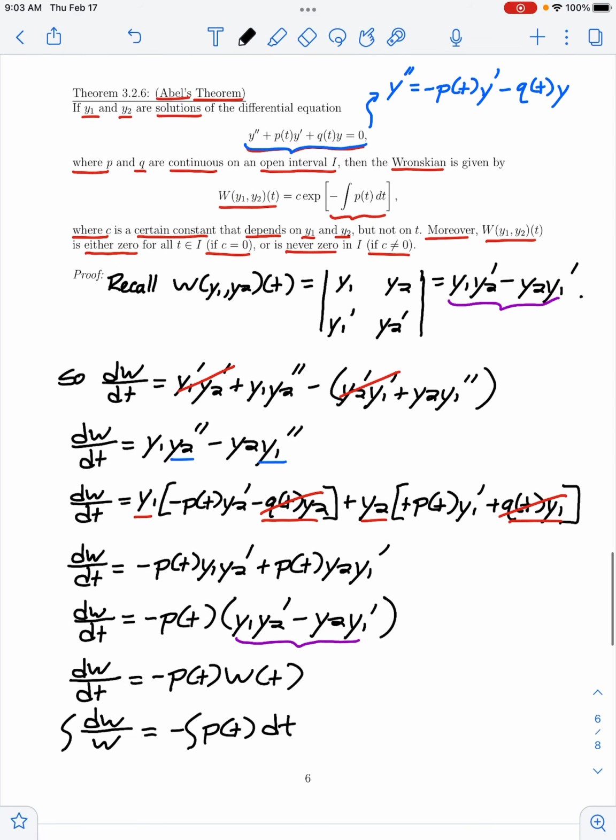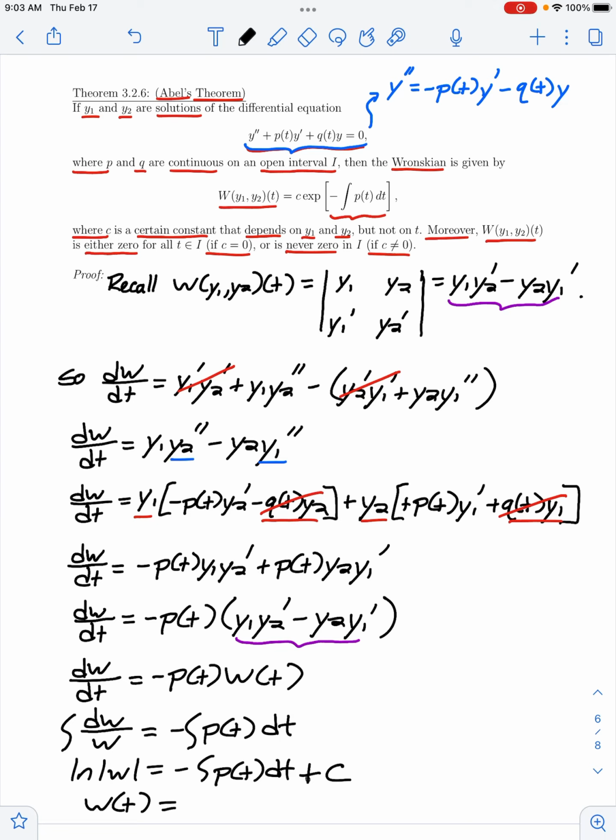So our antiderivative on this left-hand side is the natural log of the absolute value of the Wronskian w, which is equal to the negative integral of this p of t function with respect to t. And so solving for our Wronskian, oh, and let me not forget my plus c to have our most general antiderivative.